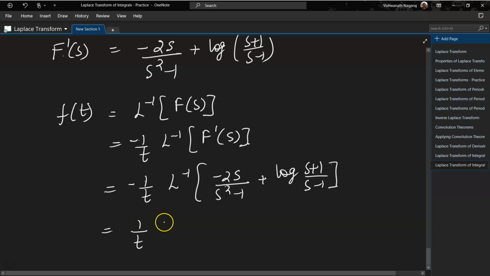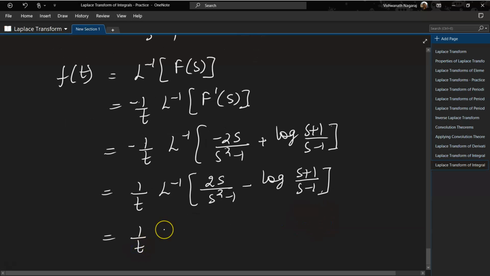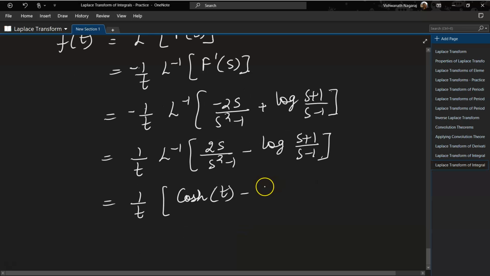So if we take minus inside, it becomes 1 by t, Laplace inverse of 2s by s square minus 1 minus log of s plus 1 by s minus 1, and Laplace inverse of this would be 1 by t times 2 cos t minus (e to the power of t minus e to the power of minus t).